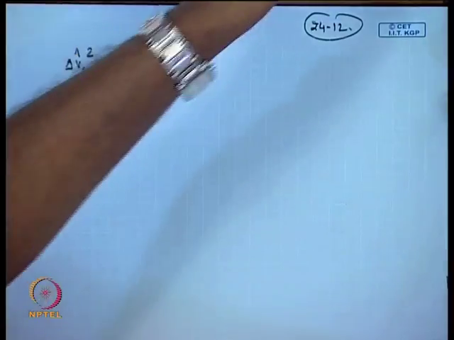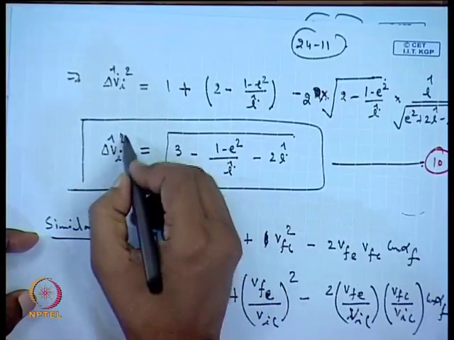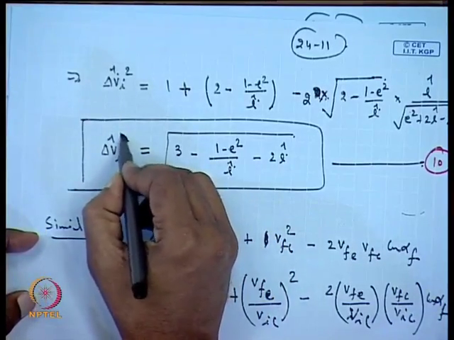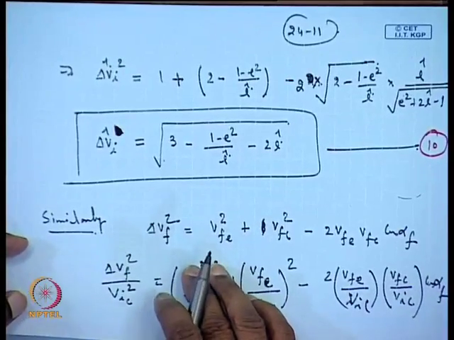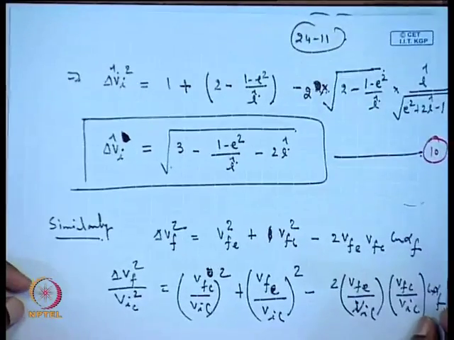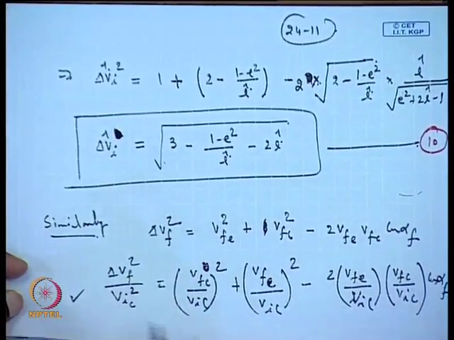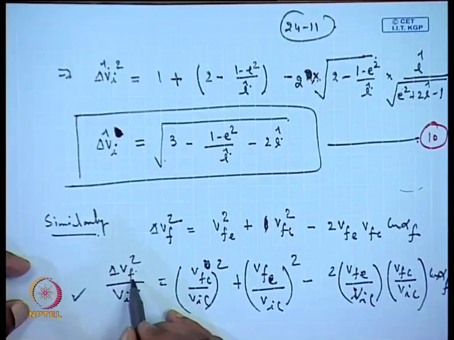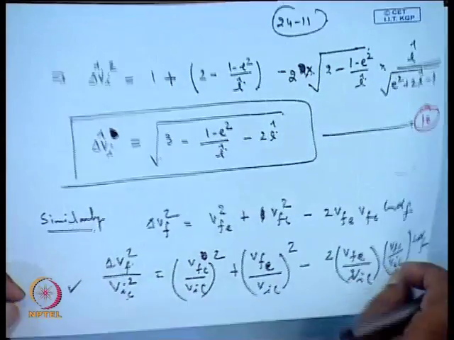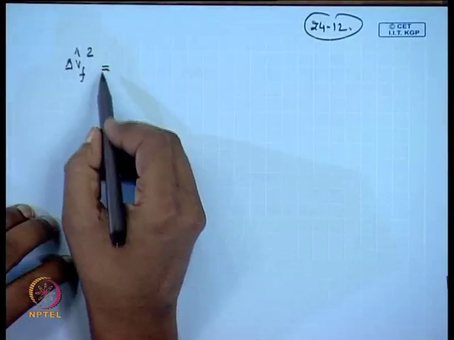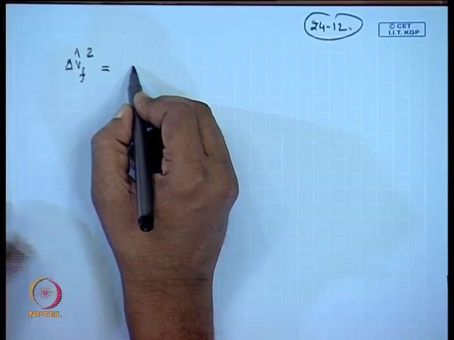Okay. Here we have taken the under root, so we remove the square term here. Okay, this is fine. So, delta Vf by Vic, this will be nothing but delta Vf cap. So, delta Vf cap square, then this becomes.